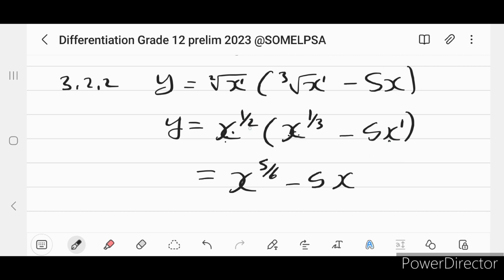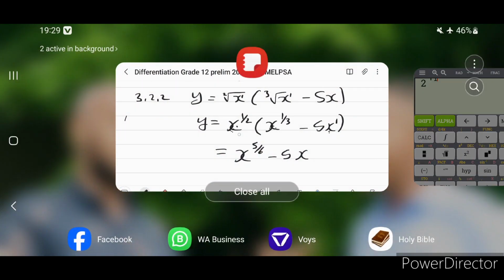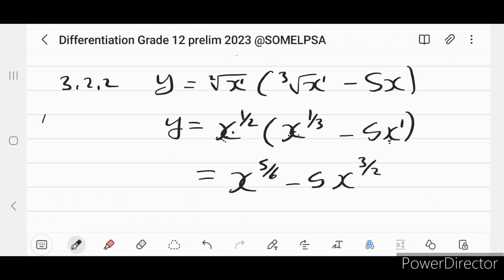So a half plus 1, because I'm multiplying powers of the same base. So I must add half and 1, which is 3 over 2.